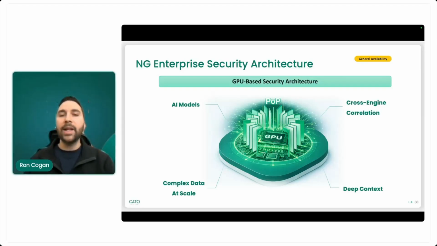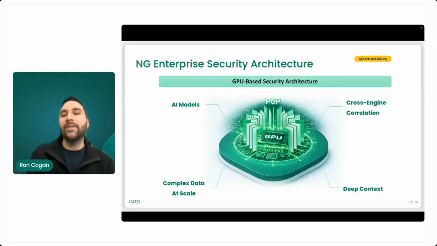The right architecture is to use GPUs, the graphical processing unit, which is a processing unit capable of analyzing complex data at scale. We can run advanced AI and LLM models in real time over our POPs across the world, to have deep context of what we see and to share it across our engines for cross-engine correlation.